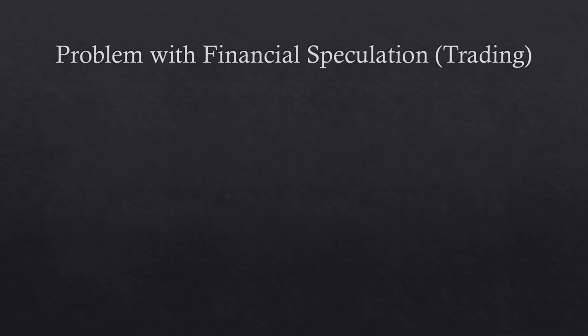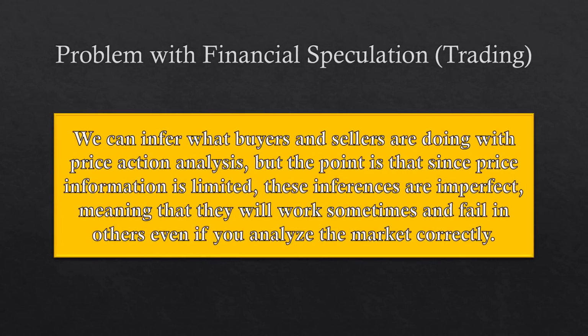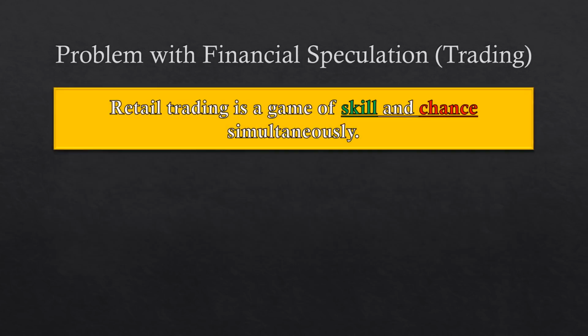Obviously, we can infer what buyers and sellers are doing based on this limited information we have. This is what price action analysis is all about, after all. But the point is that these inferences are imperfect because the past information of price is limited, meaning that predictions will work sometimes and fail in others, even if you always analyze the market correctly. That also means that retail trading is a game of skill and chance at the same time.